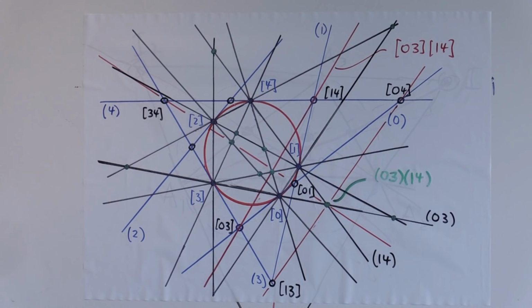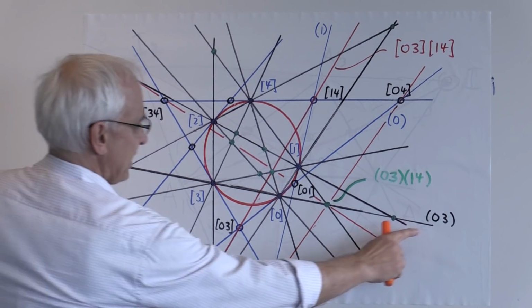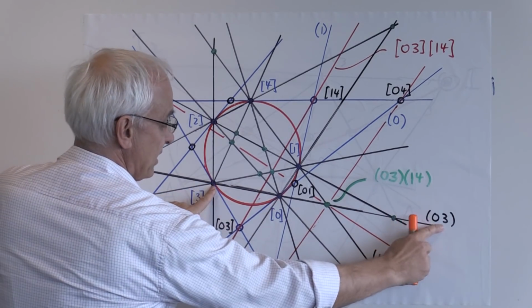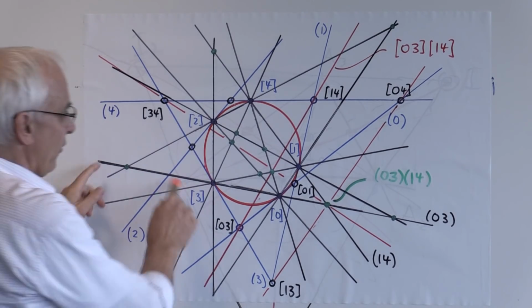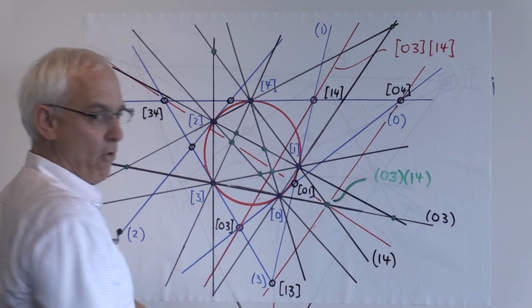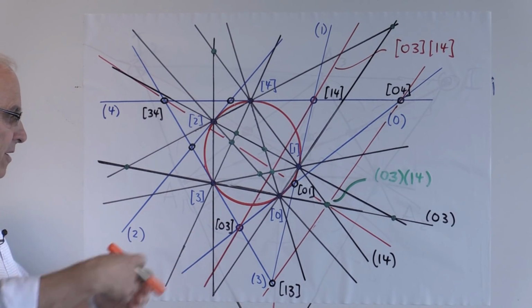And correspondingly, a diagonal line, like this line here passing through the points 0, 3, we could call the line (0, 3) with round brackets. And then the meet of two of those, say this one and this one, would be given by (0, 3)(1, 4) with round brackets. So it's just bookkeeping to keep track of diagonal lines and their meets, and tangent meets and their joins.